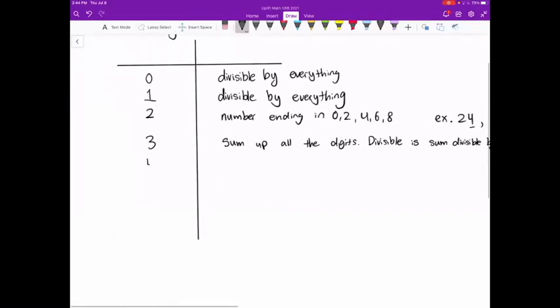So the next number is the number 4. It's very similar to the rule of the number 2, but this time we check if the last 2 digits are divisible by 4. So we can move on to an example.